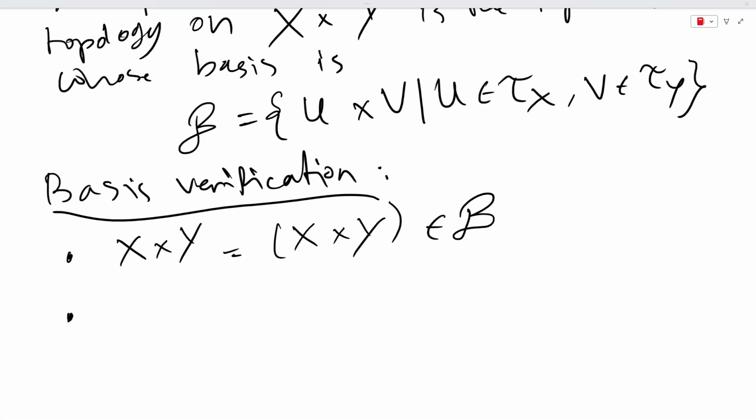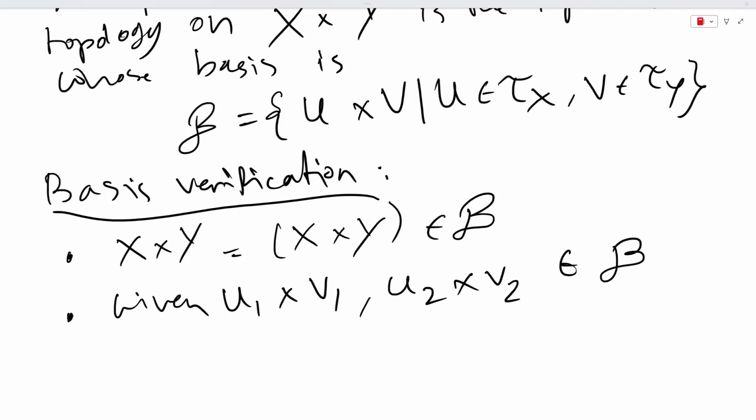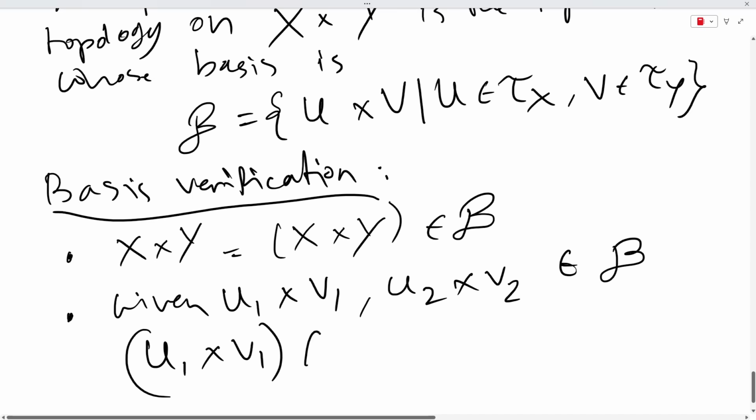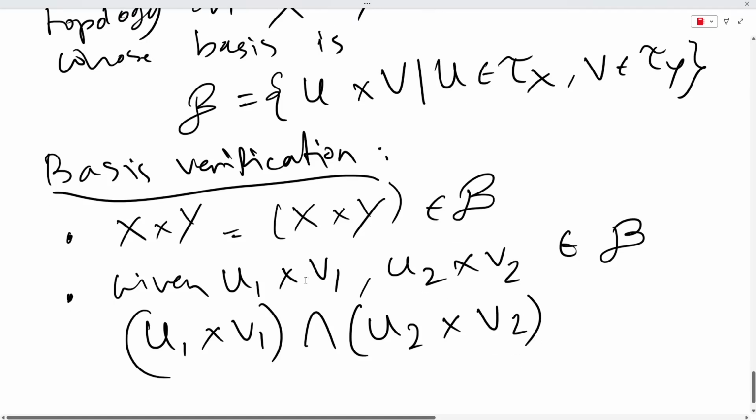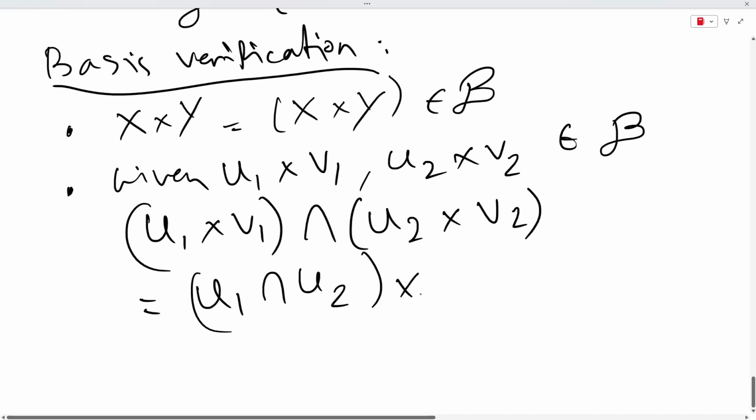Now we show the intersection part. Given U1 times V1 and U2 times V2 in B, the intersection is equal to (U1 intersect U2) times (V1 intersect V2).